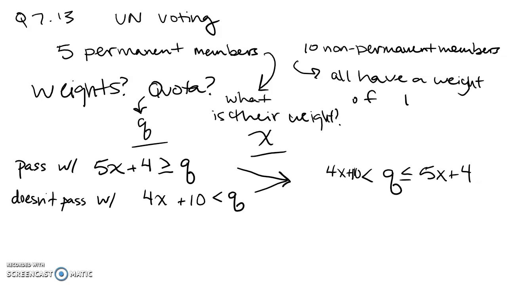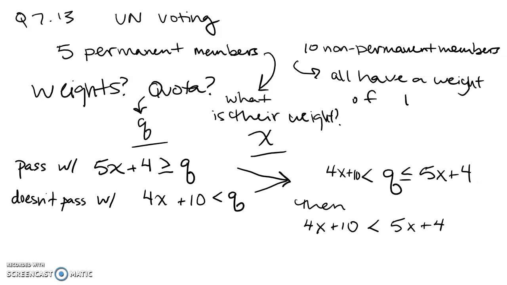Let me clean that up so you can read it better. It's like the transitivity law we saw before: if this piece is less than Q and Q is less than that piece, then 4x plus 10 must be less than 5x plus 4.